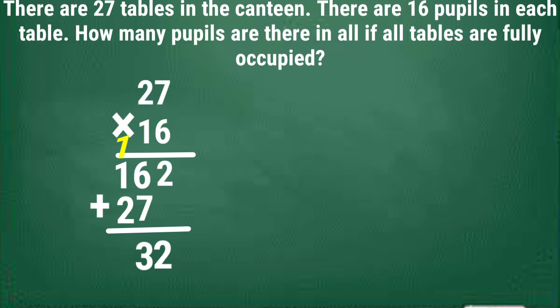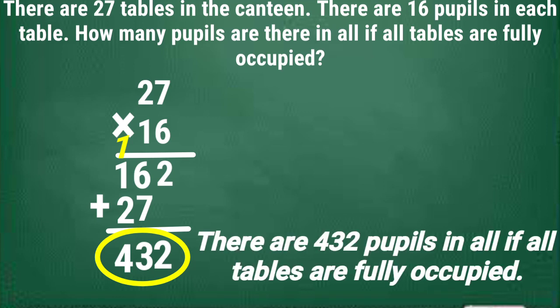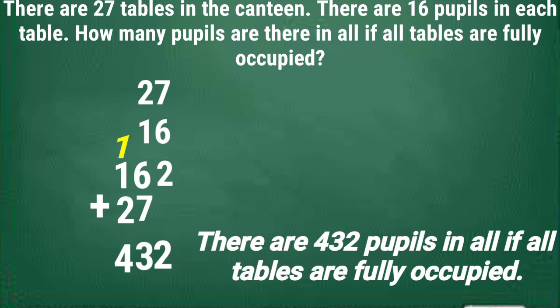So 1 plus 2 is 3, plus 1 is 4. So your answer is 432. This is what we call our product. So your final answer is, there are 432 pupils in all if all tables are fully occupied.